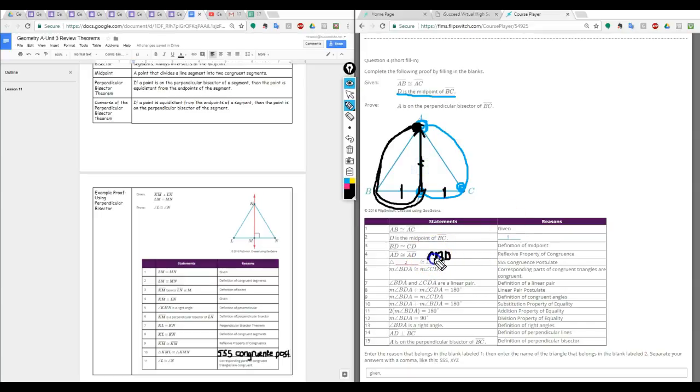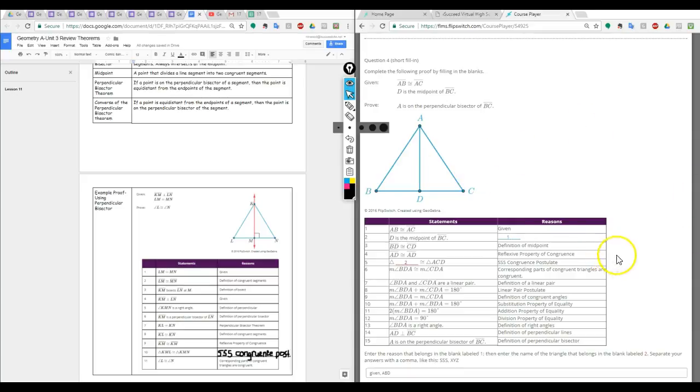So triangle ABD in this order is going to be congruent to triangle ACD in this order. So then we are going to capitalize it and say ABD. There we have it.